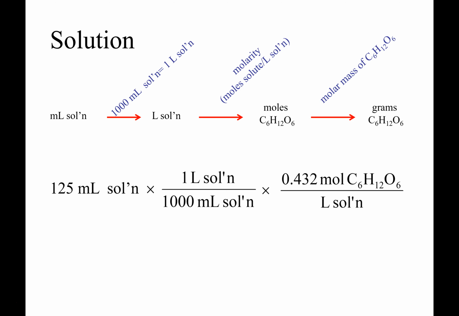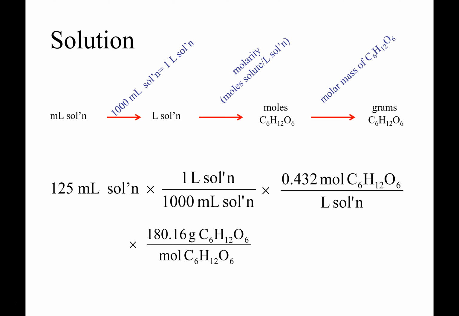And I apologize, I did not show you my molar mass calculation. But if you were to use a periodic table to come up with the molar mass of C6H12O6, you would come up with 180.16 grams per mole. So I put as my fourth term the 180.16 grams of C6H12O6 for 1 mole of C6H12O6.